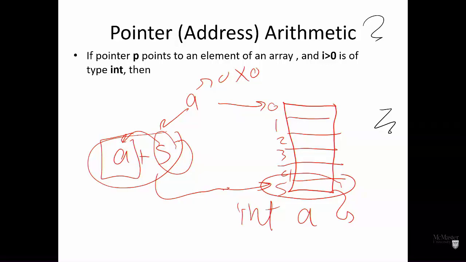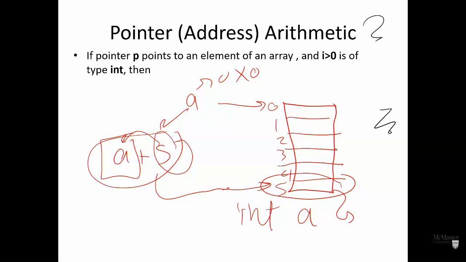one is at address 20 because this is at 0, this starts at 4, 8, 12, 16, 20, because it's integers. What if array A is of type character? It's different because integers are 4 bytes but characters are just 1 byte, right? So if A is an array of characters, this is going to be address 0, 1, 2, 3, 4, 5.